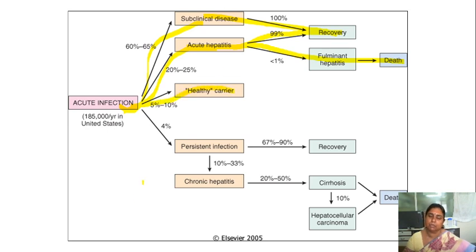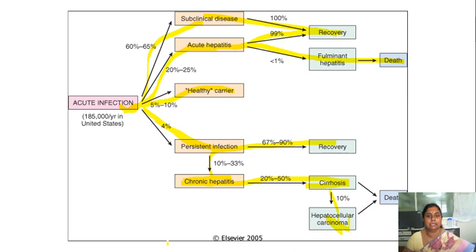No symptoms, but they are carriers. And then if the infection persists, again here 90% recover. Of the 4% with persistent infection, 1/3 of them will develop chronic hepatitis, and of this 1/3, 50% will end up with cirrhosis and 10% will have hepatocellular carcinoma.